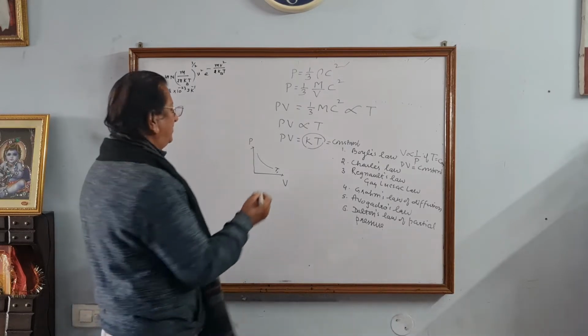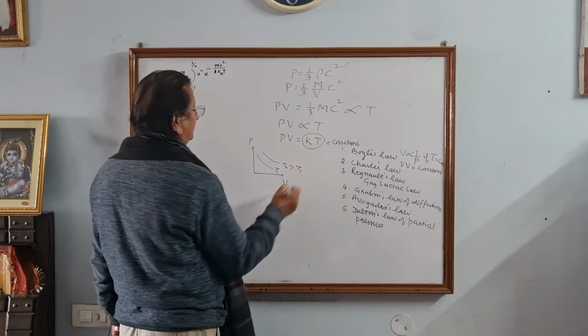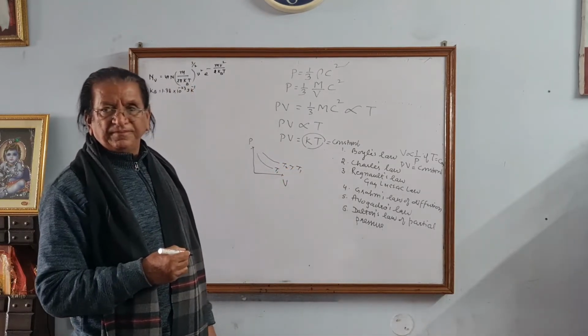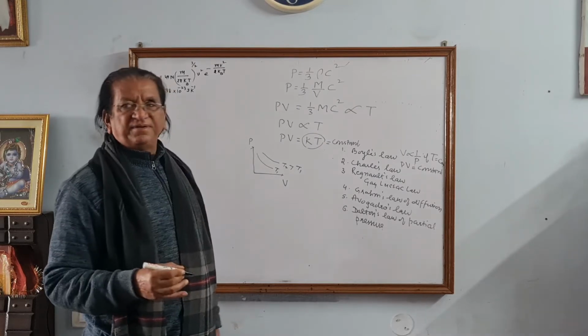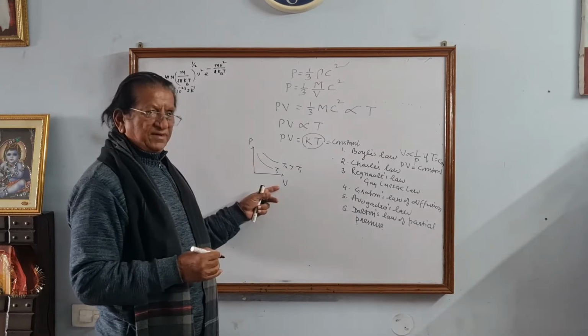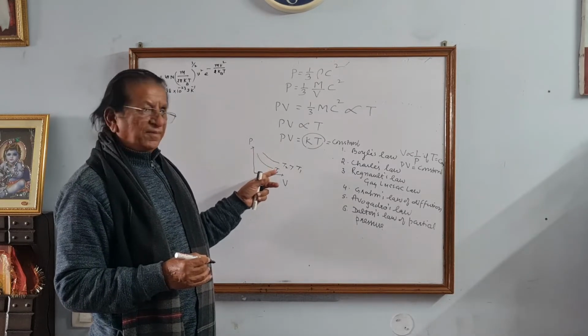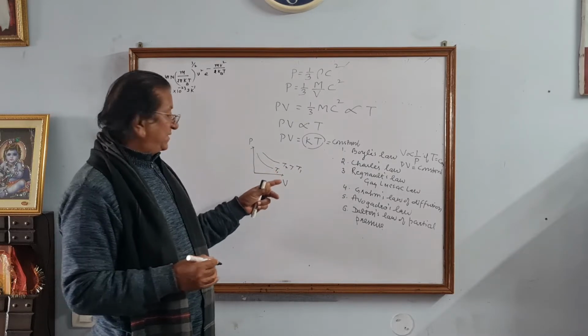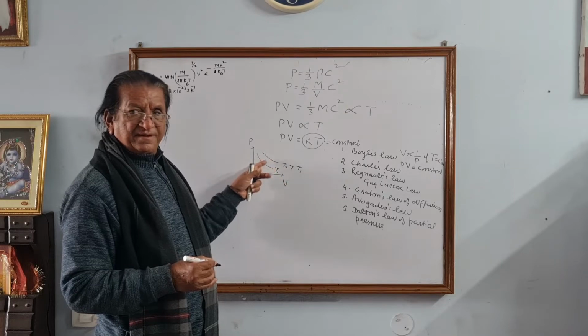That will be T2, greater than T1. Take the same gas at higher temperature and keep that higher temperature constant. And then see the variation of P and V. The nature of graph will be the same.